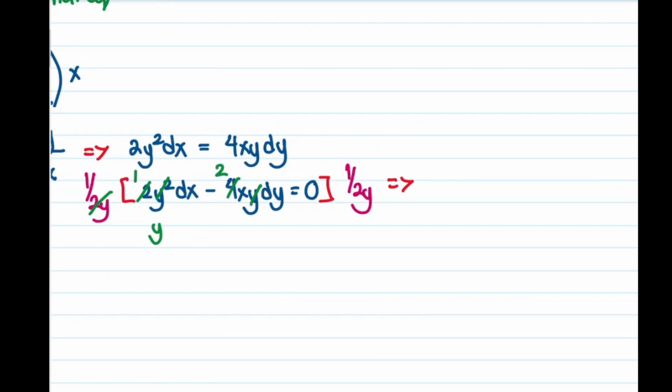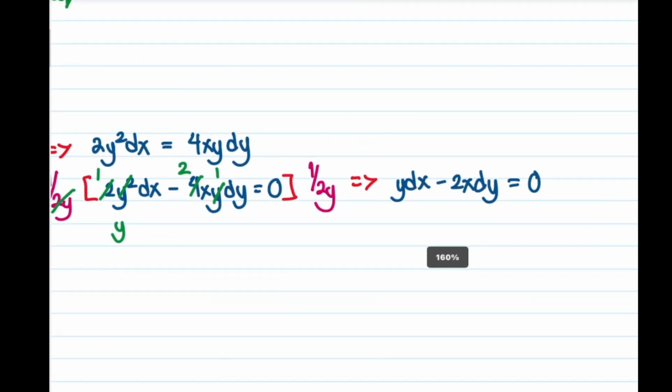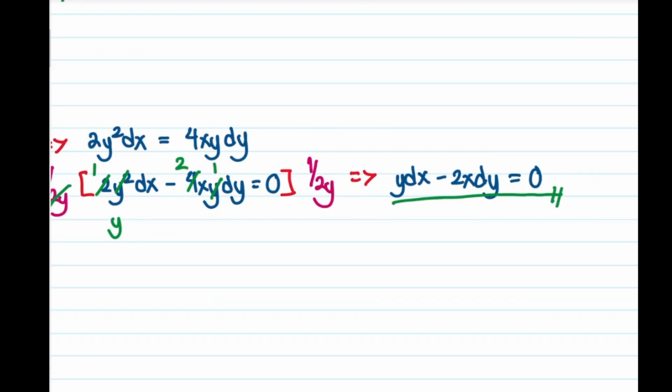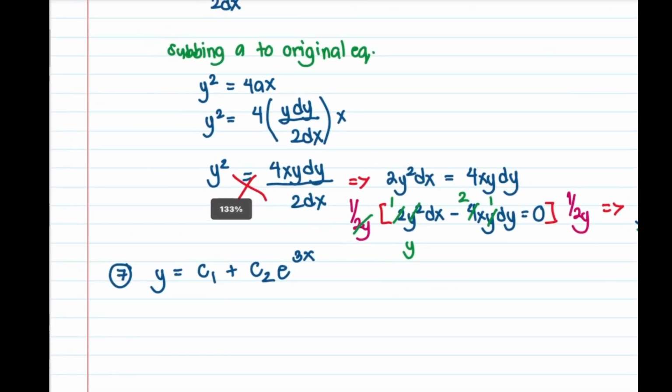This one will be 2. This one will be 1. So rewriting the equation, it will yield this equation: y dx minus 2x dy equal to 0. So this one will be your final answer. Okay? So this one will be your final answer for this problem.